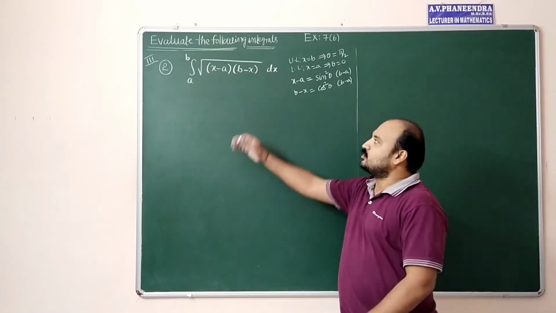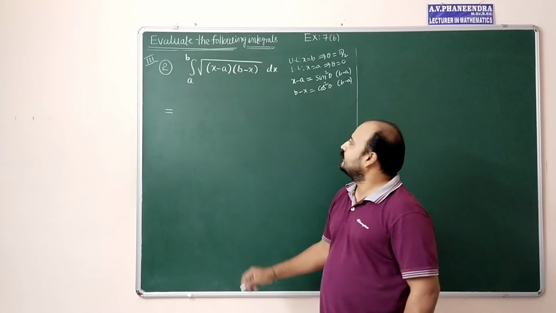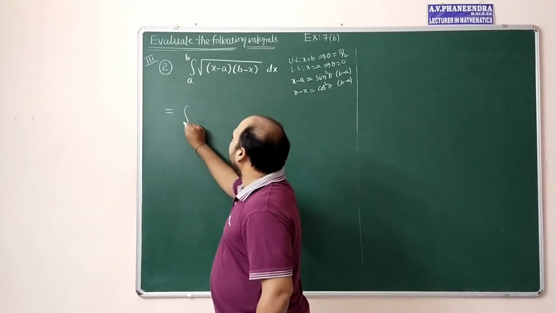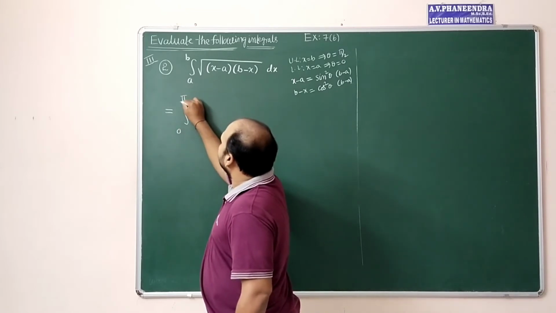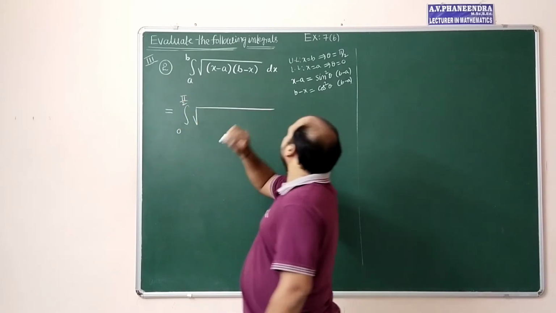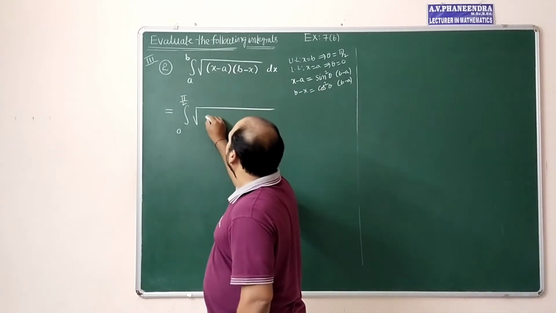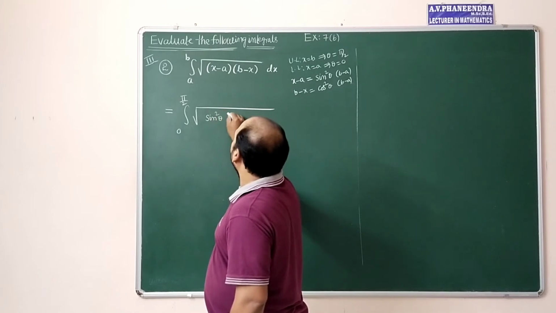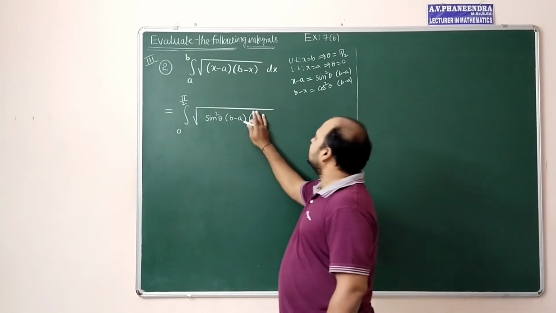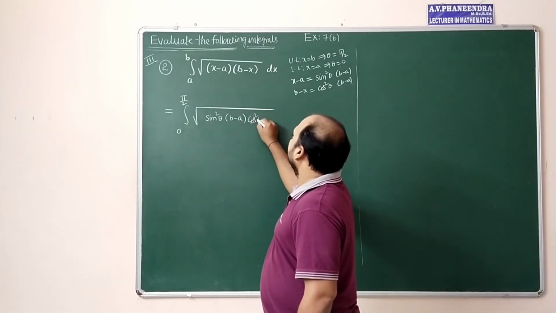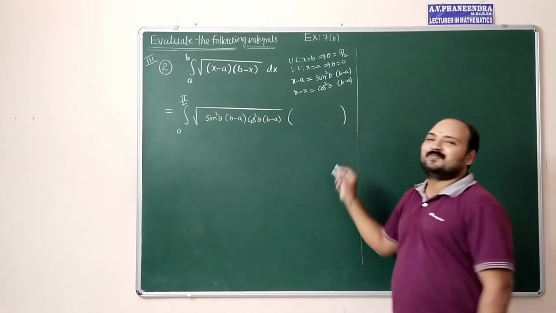Now these values substitute in this. Therefore the given integral equals the integral from 0 to π by 2, lower limit to upper limit, square root of x minus a value, which is sin²θ into (b minus a), and b minus x value is cos²θ into (b minus a), and dx value is also there, no?